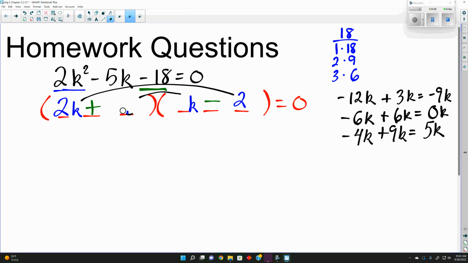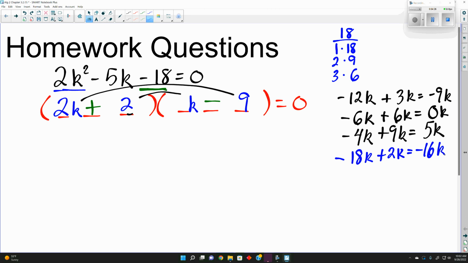So if I flip the 2 and 9 here, and we check this, 2k times negative 9 is negative 18k. 2 times k is going to be plus 2k, which gives us negative 16k.